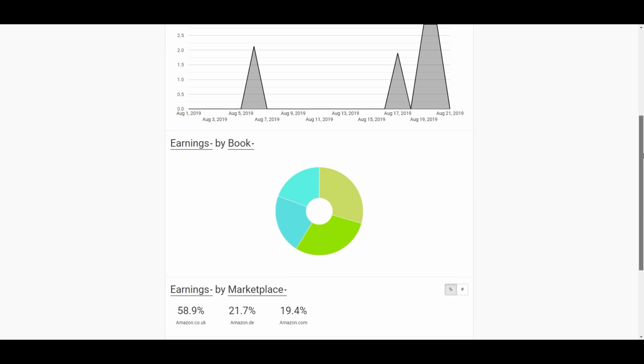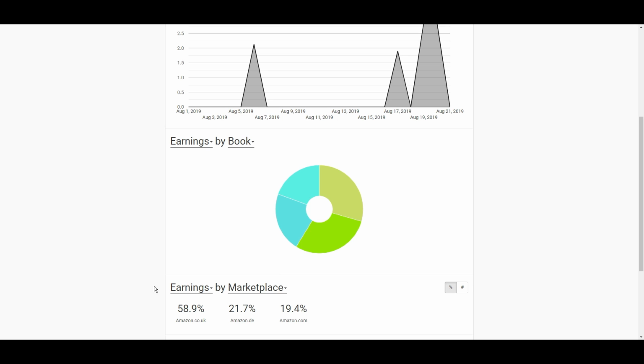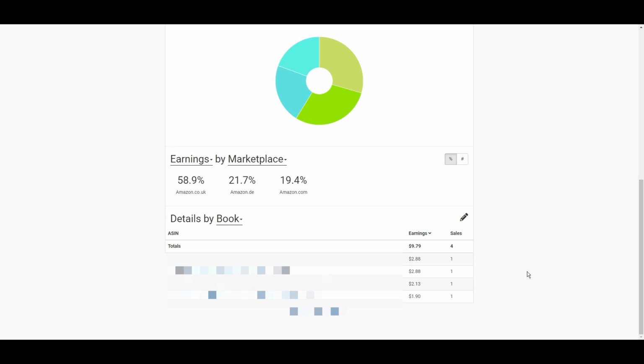And yeah, here you can see earnings by marketplace, 58% Amazon.co.uk. So this is the British Amazon, this is Amazon.de, and this is Amazon.com. And here are my books. As I said, one of them was me. The other ones were some other people buying the books here.